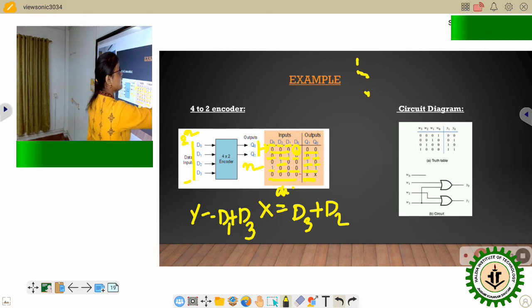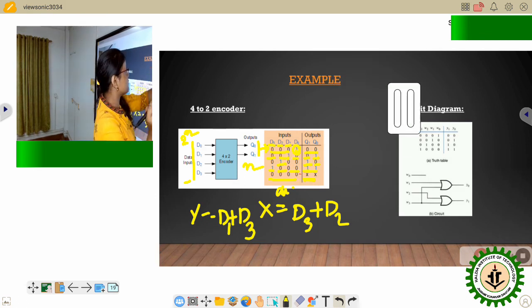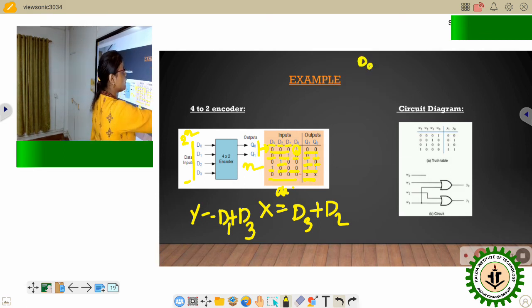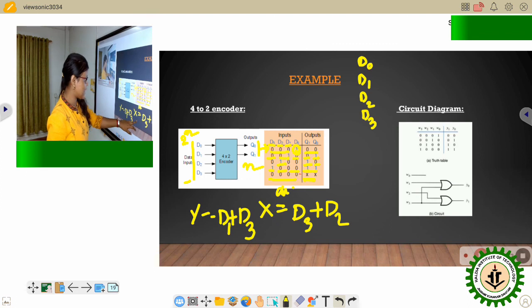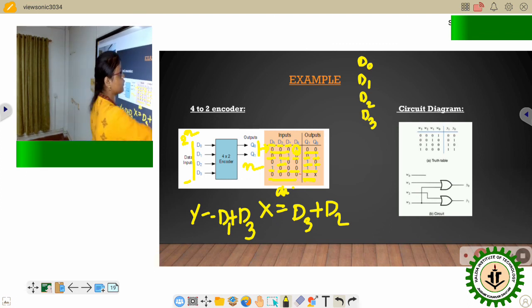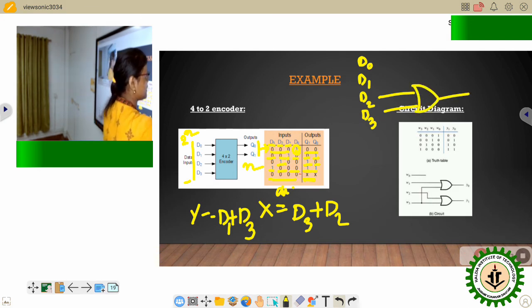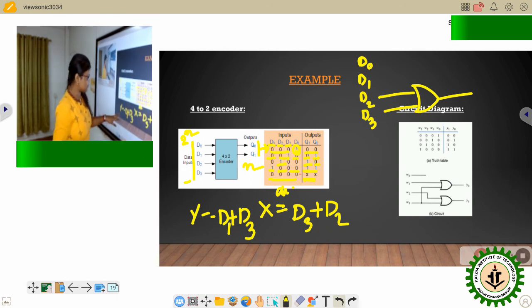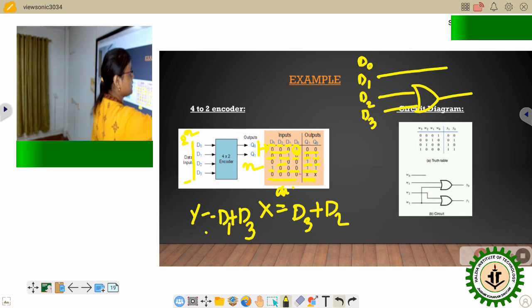Then x is equal to D3 and D2, by means of an OR gate we are connecting. Now in case of y, we are getting D1 and D3, D1 and D3, by means of an OR gate we are connecting. So this is x and this is y.